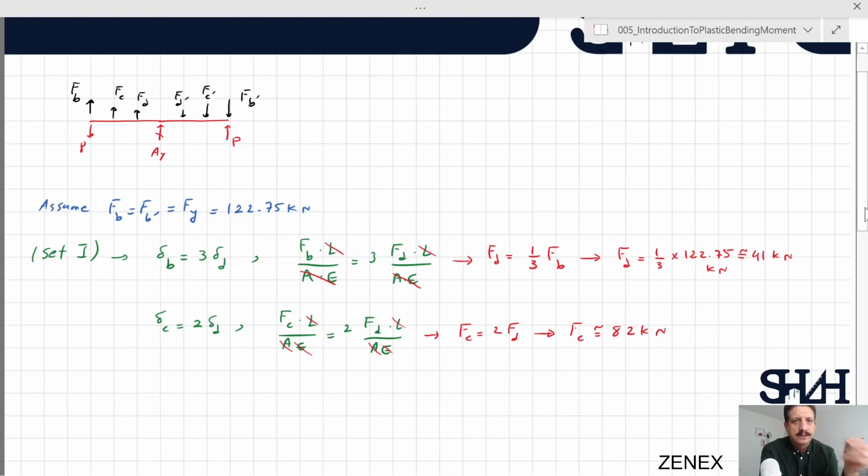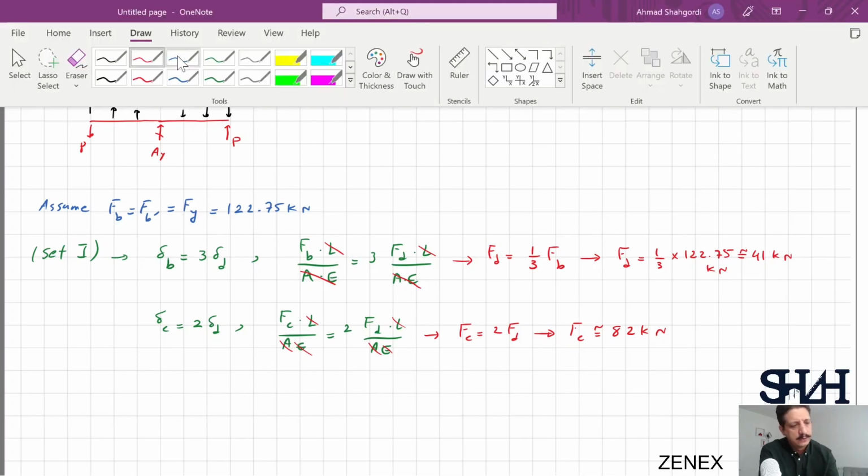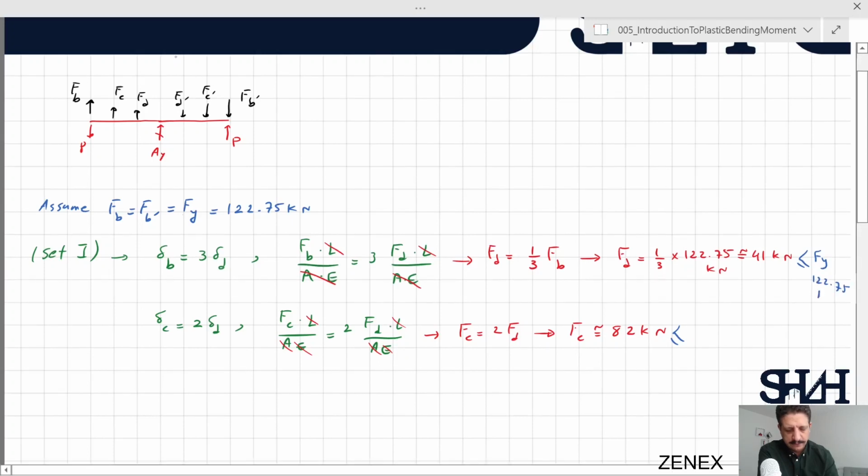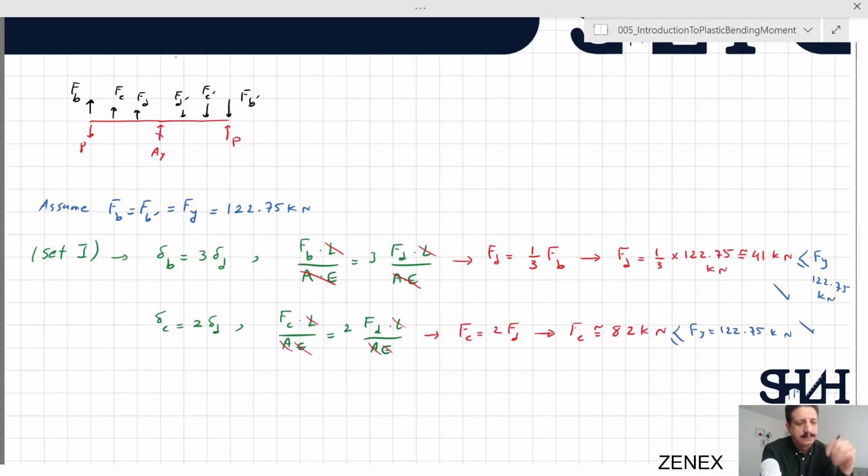So if your assumption is not correct, then you can check at this point. When you calculate other rods, they should be less than Fy, 122.75 kilonewton. This is valid. This is also valid. It justifies that your assumption that FB and FB prime would yield first is valid.